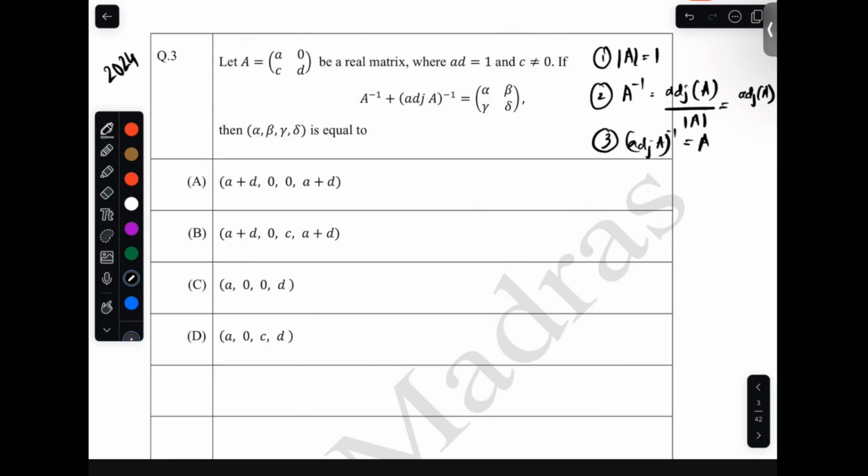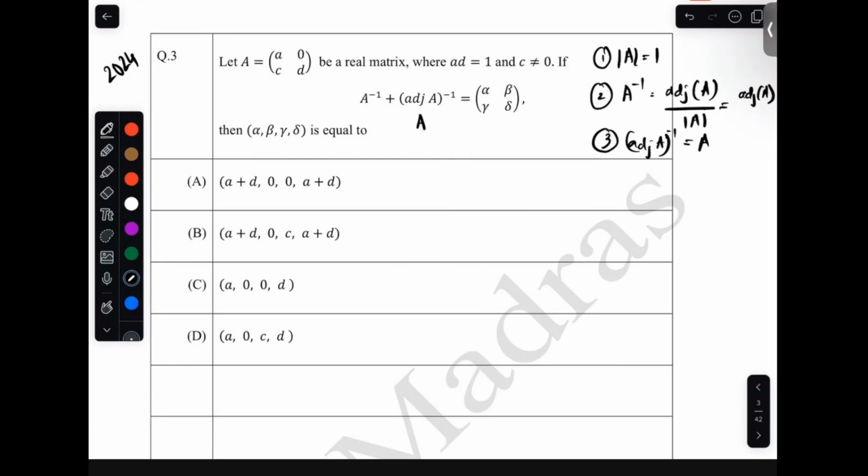That means adjoint of A and A are inverses of each other, right? So therefore, let's replace this adjoint of A inverse here. What do we get? A, right?